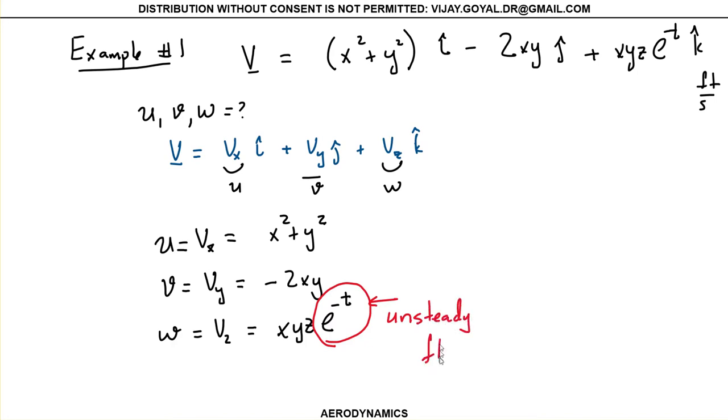So immediately you can see that you're working with unsteady flow. In a general sense, your velocity field is a function of x, y, z, but also a function of time. So this is problem number one.